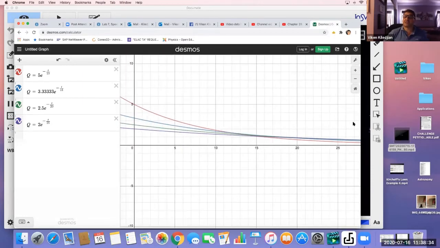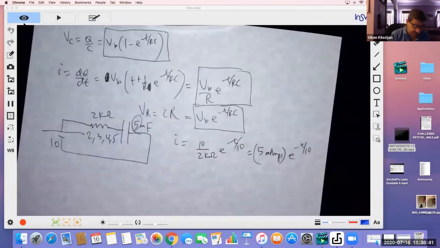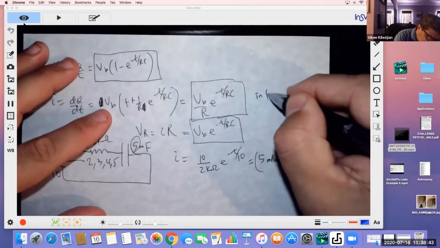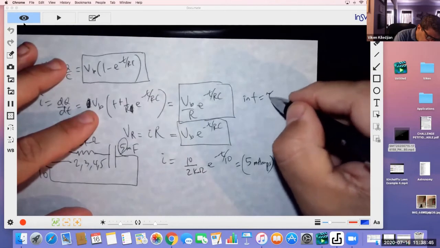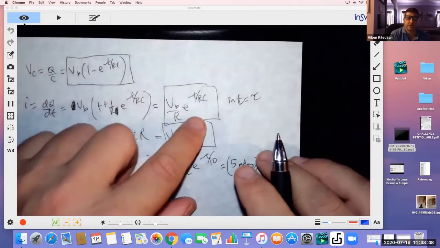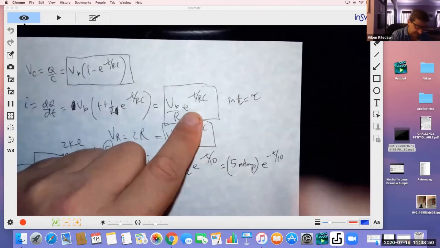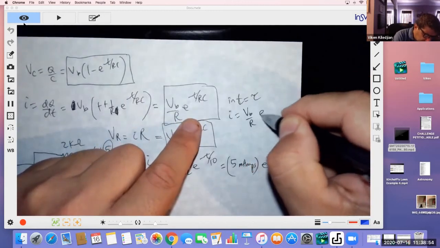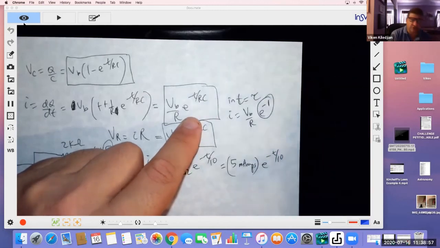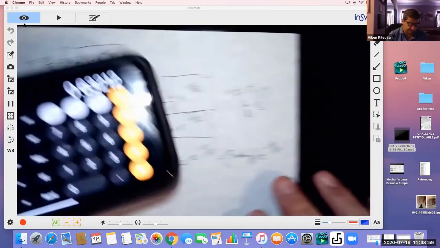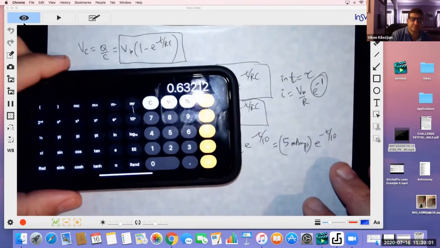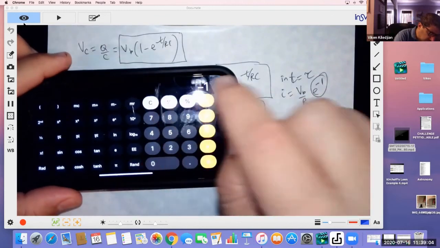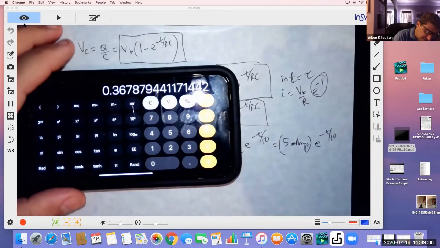So in one time constant, how much should the current drop? To what value should it drop? We can ask that. In t equal to tau, the current is going to be V over R times e to the minus 1. So what's that ratio? e to the minus 1 is 0.367.